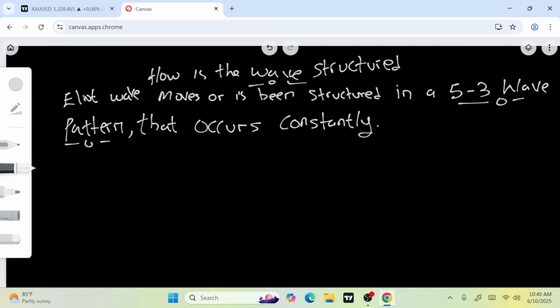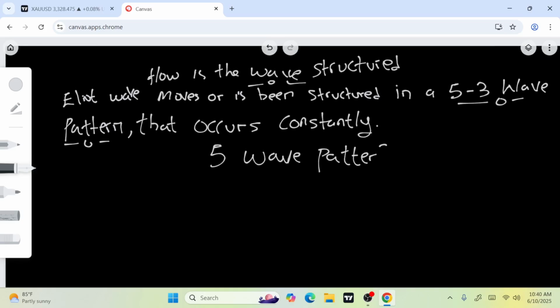Now, what does the 5 wave pattern entail? Don't forget, you are trying to know this as a trader to add to your what? To your analysis.